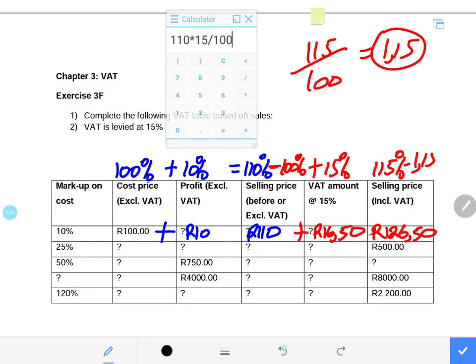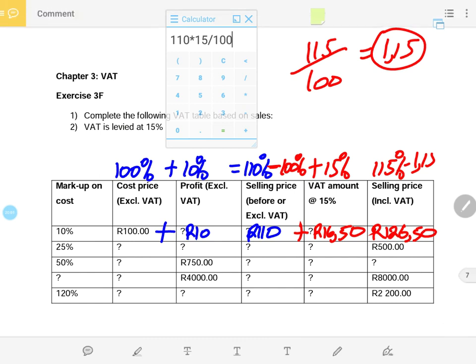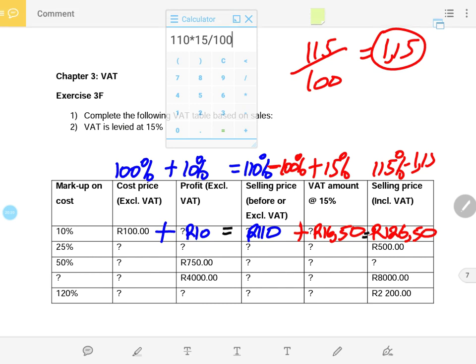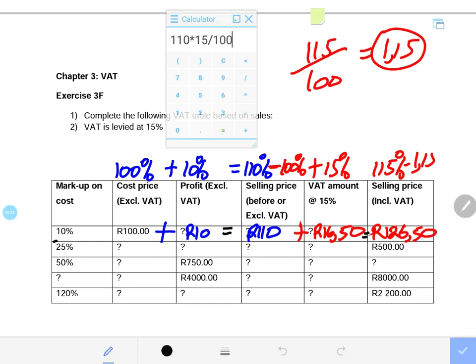Now the first one gives us the foundation of the other questions to follow. So I put more emphasis on this one, because we'll be using the same principle, going back and forth. Now in the second scenario, we are given a markup percentage of 25%, and we don't know the cost price, a question mark, very strange.